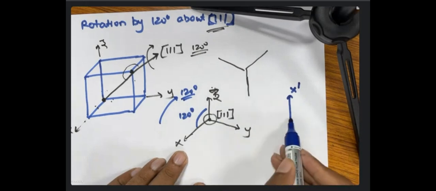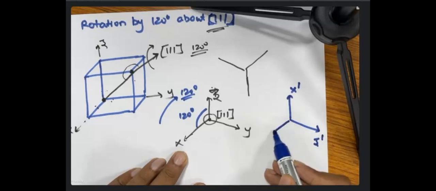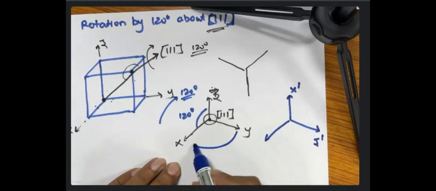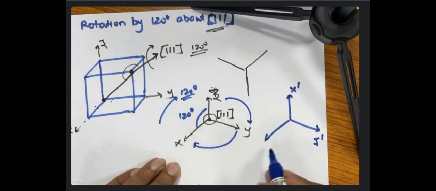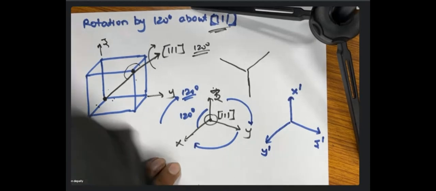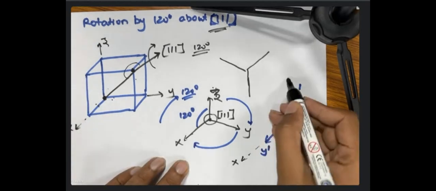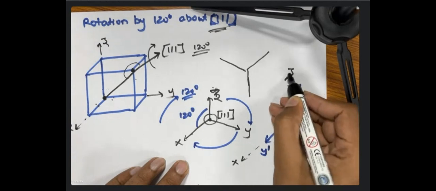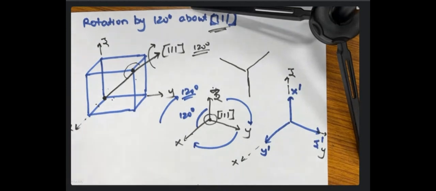Z will get along the y, so let me call it z dash, which is along the y, and the y will get to the x position. Let's call it y dash. We know initially this was x, this was z, and this one was y.